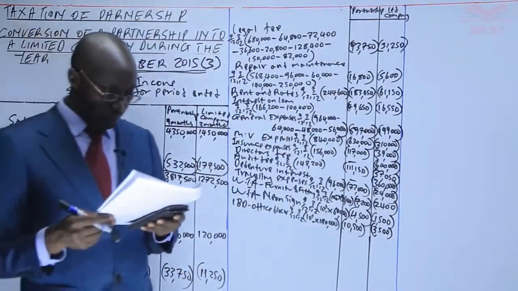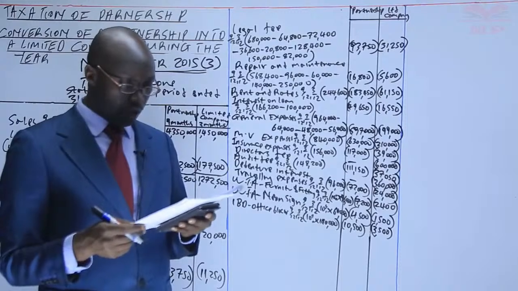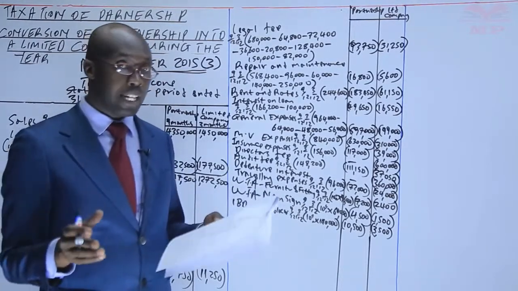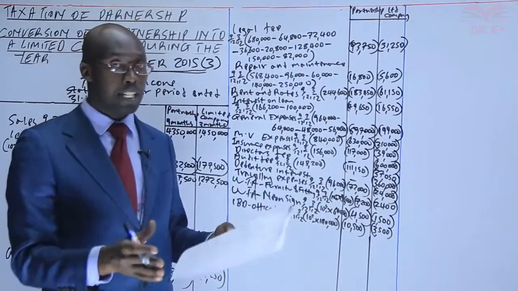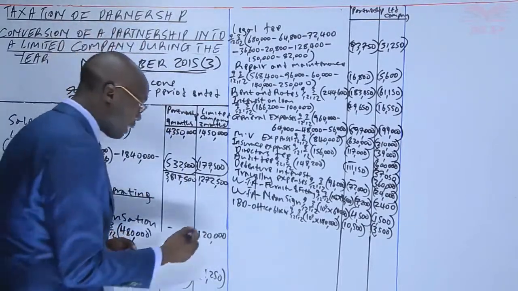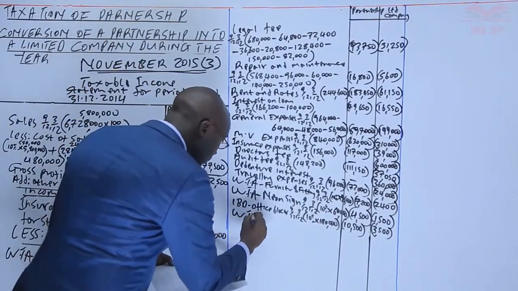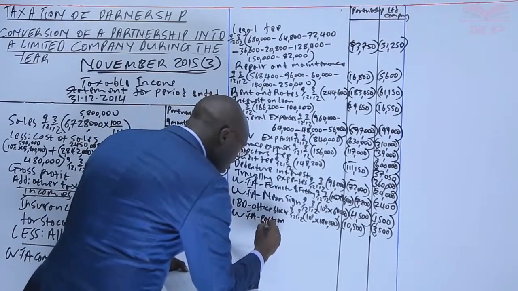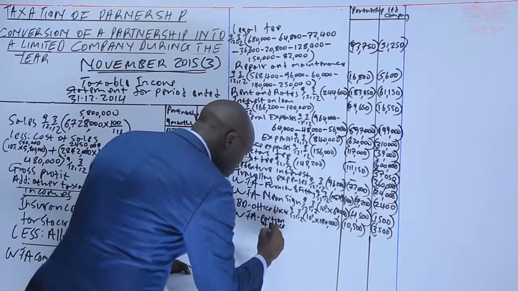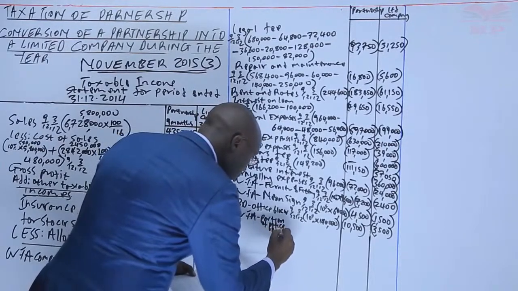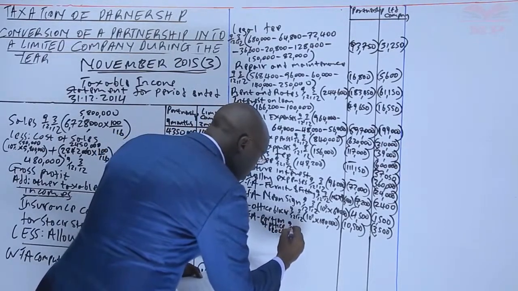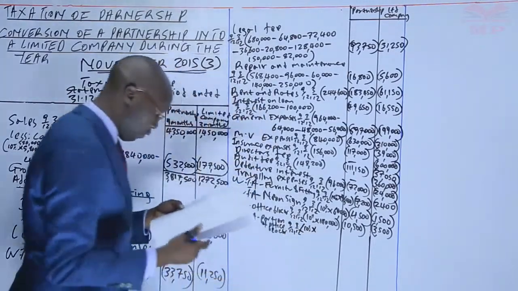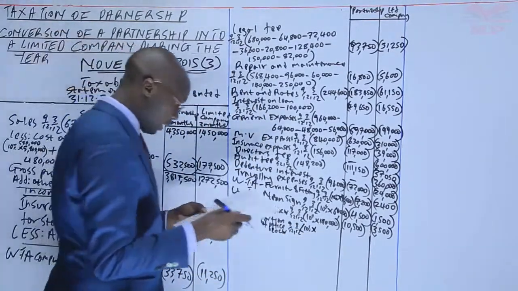We continue. Another item we have is the cost of partitioning office block. Partition, we said, is supposed to be wear and tear. So here we don't look at the office, we look at the partition. Wear and tear, 10%. So wear and tear on partition of office block. So 9 over 12, 3 over 12, 10% of 250.